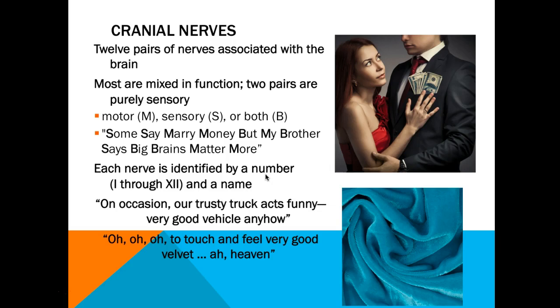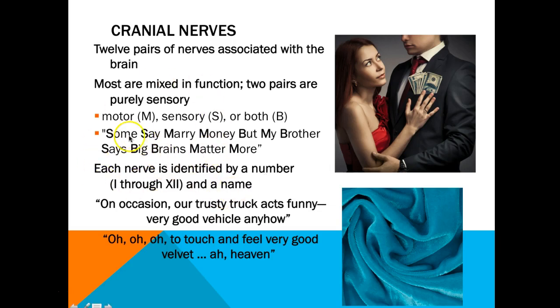So the way to remember what type of functional classification these cranial nerves have, we can think of this phrase. Some say marry money, but my brother says big brains matter more. And so each of the first letters of these words represent either a sensory neuron, a motor neuron, or both motor and sensory.